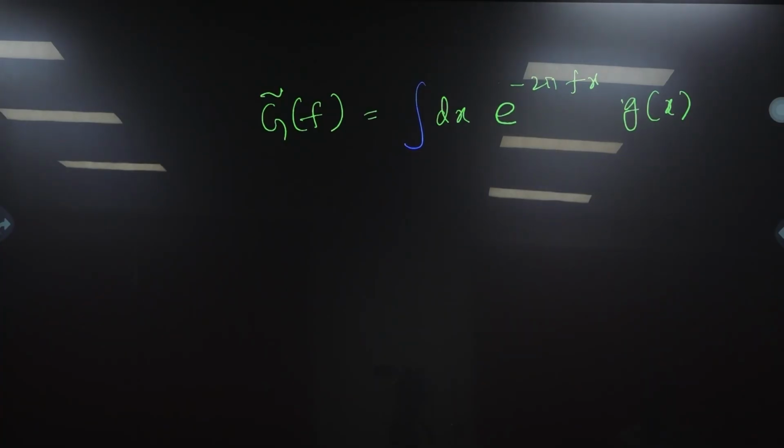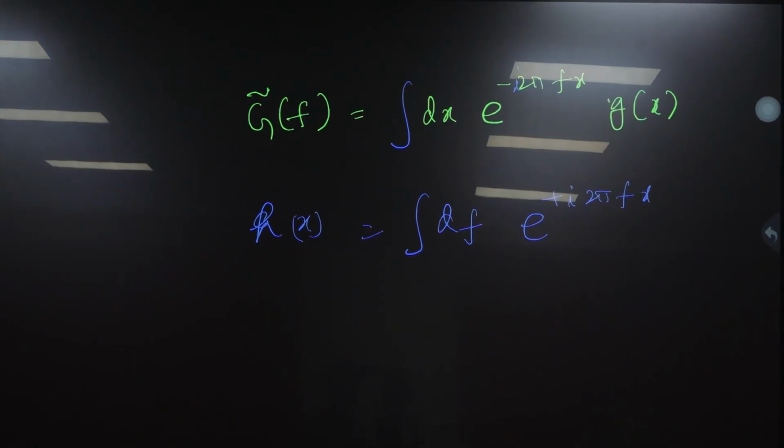And then what's the inverse? This is the forward Fourier transform. You can write the inverse, let's call it h of x, as integral df e to the plus j 2 pi fx.